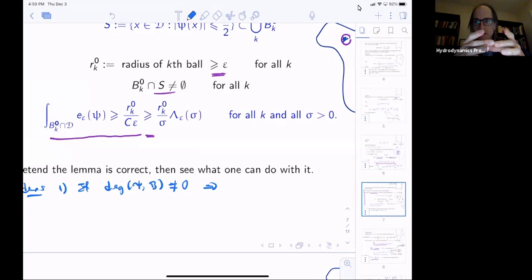And so the definition of degree, I claim, implies that the image of that ball contains a ball of radius a half. And so the vorticity is, well, anyway, I claim that the integral over the ball, okay, I don't have time to really convey why this is true, but that isn't hard.